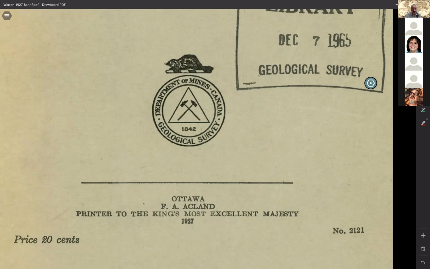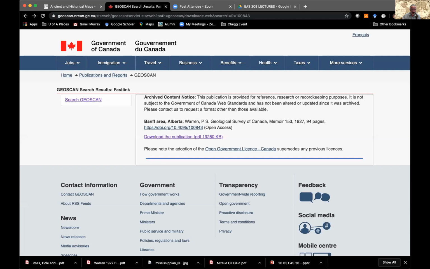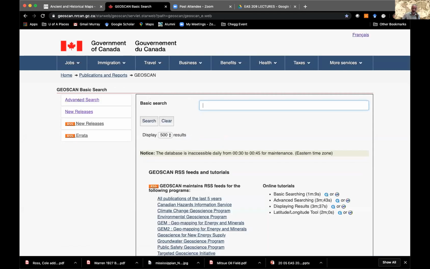Just take a note, because this is such a resource. It's called GeoScan. So you can search GeoScan, which is the Government of Canada site.